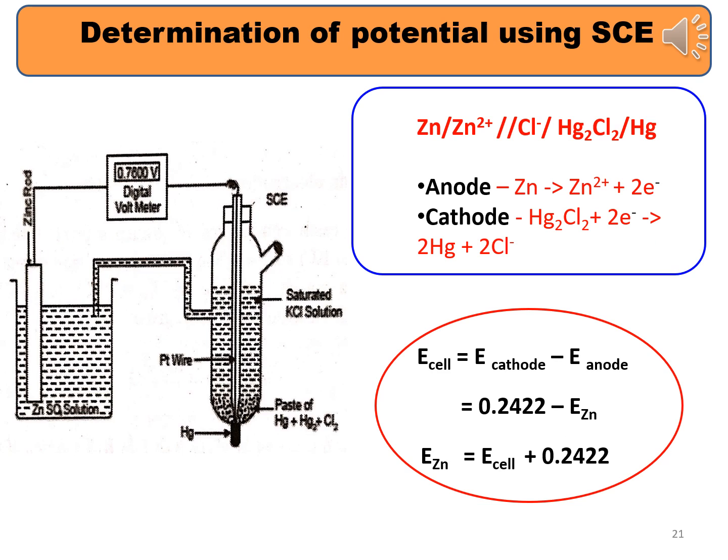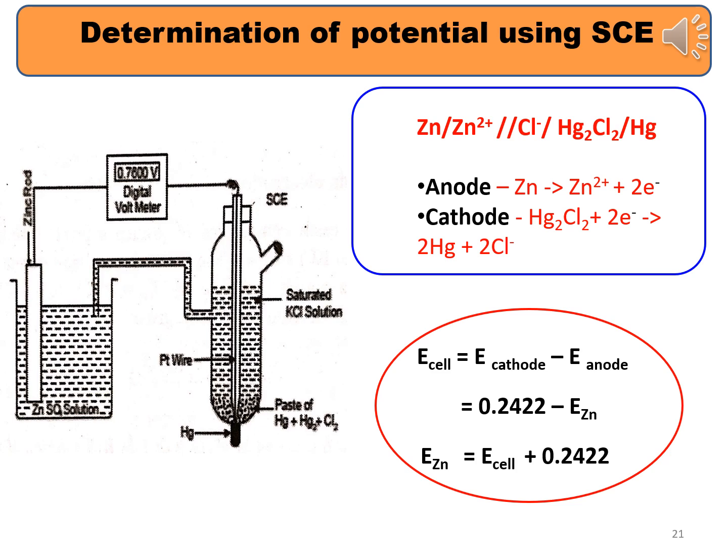In order to measure the standard electrode potential of zinc, the zinc electrode is coupled with the reference electrode, the calomel electrode. Here, the zinc will be acting like an anode and undergo an oxidation reaction, and the saturated calomel electrode will be acting like a cathode and undergo the reduction reaction.